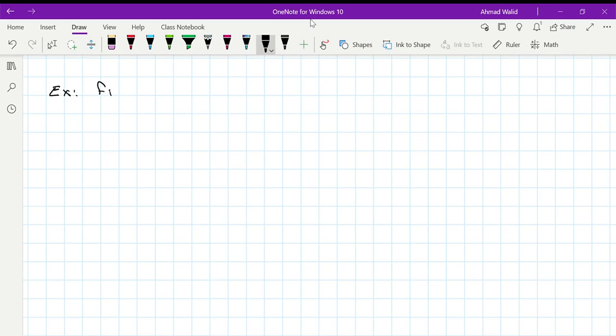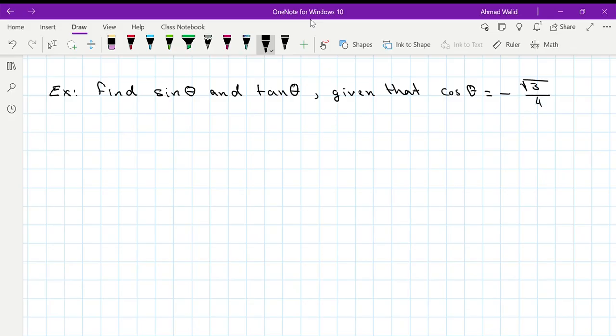Find sine theta and tan theta given that cosine theta equals negative square root of 3 over 4. And they give you a condition here, sine theta is greater than 0.